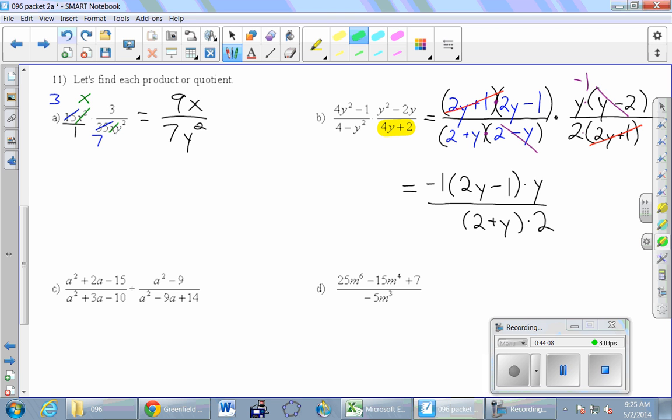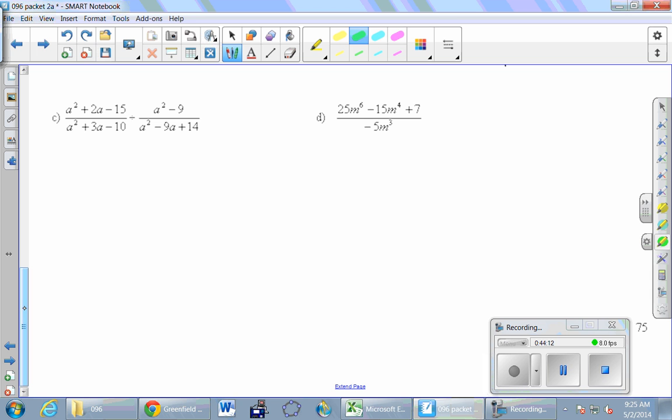Okay, let's take a look at part C. What's the fundamental operation in C? Is division. And so the first step for division is to change it. So what do we do with the first fraction? Copy it exactly as it is.